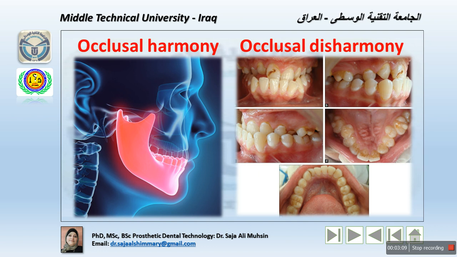Okay, now occlusal disharmony is a phenomenon in which contacts of opposing occlusal surfaces are not in harmony with other tooth contacts and or the anatomic and physiologic components of the craniomandibular complex. So this is related to the position of the teeth within the arch itself.